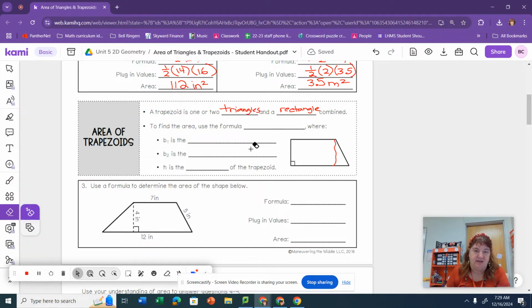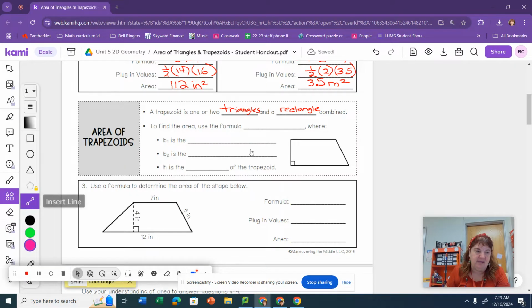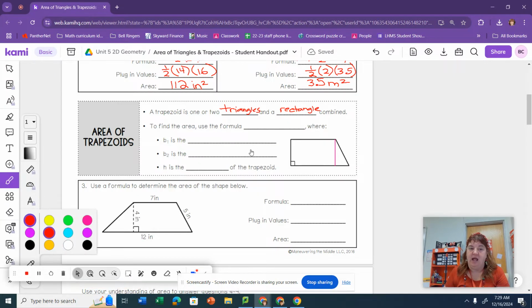I think I can do a straight line. Okay, so as you can see from this trapezoid, I have a rectangle and I have a triangle.